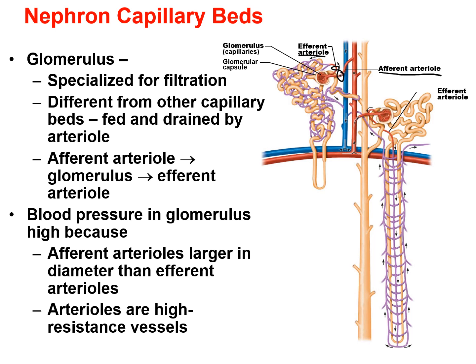And then you would have a smaller diameter efferent arteriole that would be draining blood away from the glomerulus. Blood pressure in the glomerulus is high because of this. And if you remember when we were talking about vessels, arterioles are going to be high resistance vessels. And so you do have a very high pressure within the glomerulus.